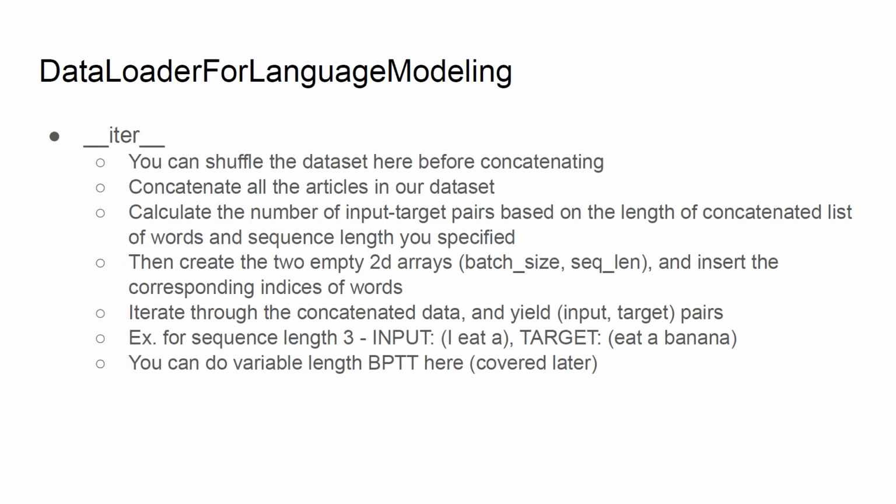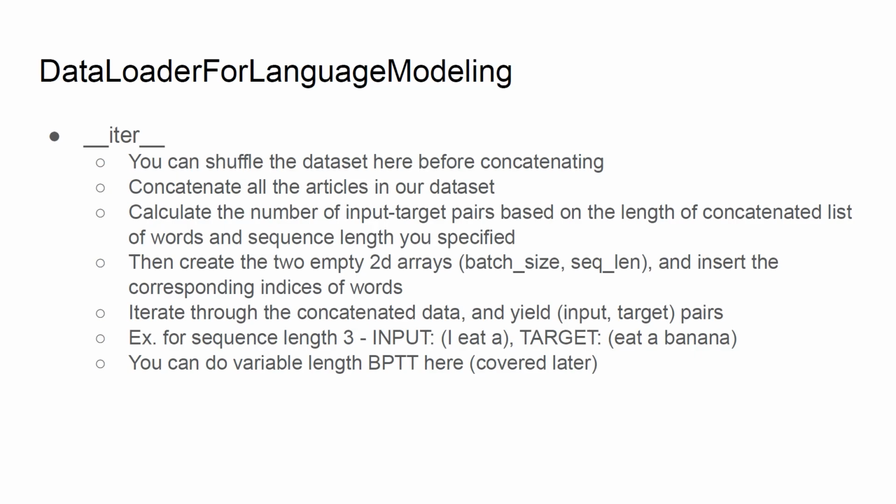The main function you will implement in the data loader is the iteration function. You will first concatenate all the articles in the dataset into a single long list, and parse the list into a batch of input and target. You can do this by first calculating the number of input-target pairs based on the length of the concatenated list of words and the sequence length you specified. Then, create two empty 2D arrays with the shape of batch size times sequence length, and insert the corresponding indices of words one by one.